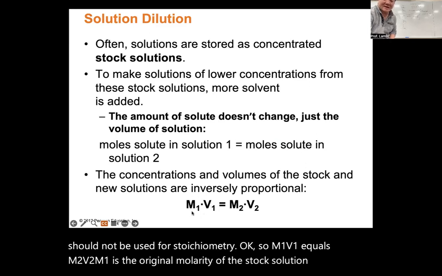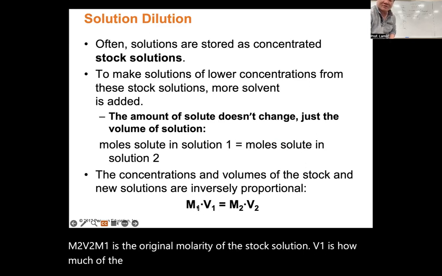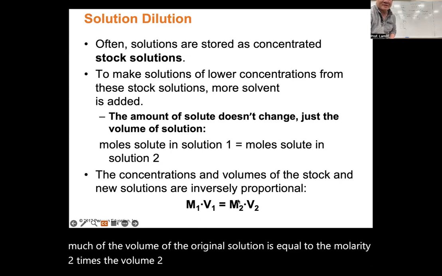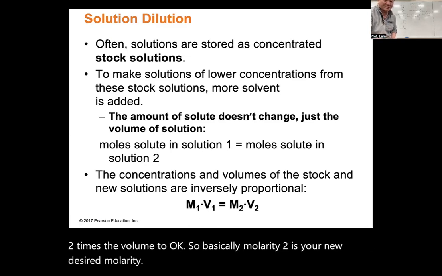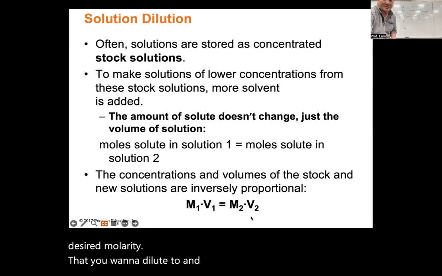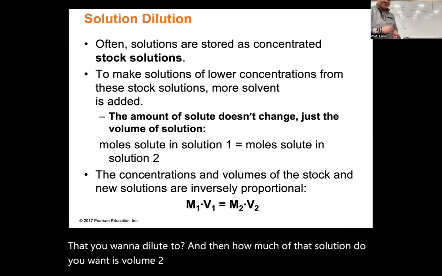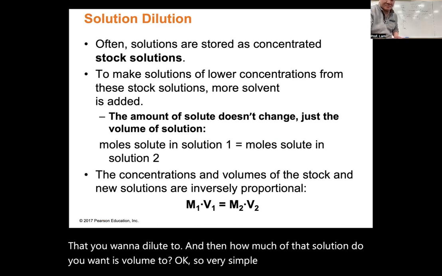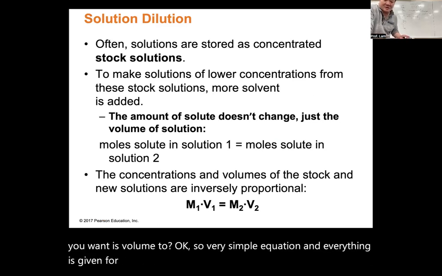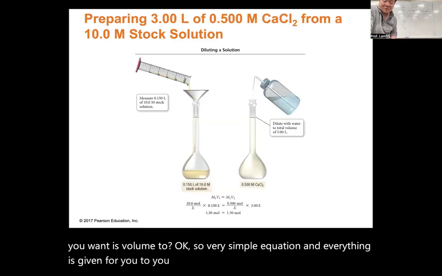V1 is how much of the volume of the original solution is equal to the molarity 2 times the volume 2. Okay, so basically molarity 2 is your new desired molarity that you want to dilute to, and then how much of that solution do you want is volume 2. Okay, so very simple equation, and everything's given to you, and you just have to solve for one variable.